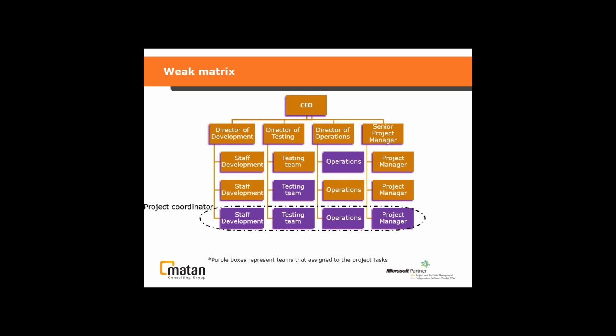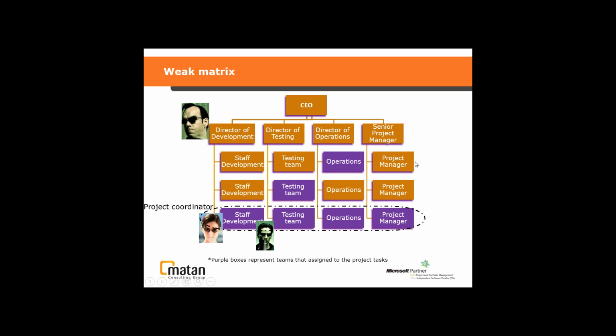So in places that have a weak matrix, you have the functional areas, and then you have a project coordinator who is not even in charge. He knows that he has team members from each functional area that are part of his project, and he talks to them and gets information from them, but he doesn't actually tell them what they need to do.